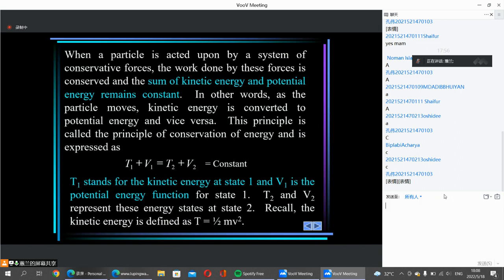Or you can use the conservation of energy equation just like here. The total energy, the kinetic energy plus the potential energy, will always be a constant when the particle moves. Why? Because only conservative forces do work on the particle.